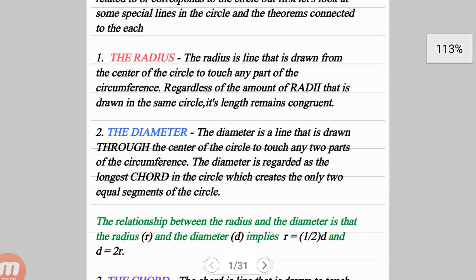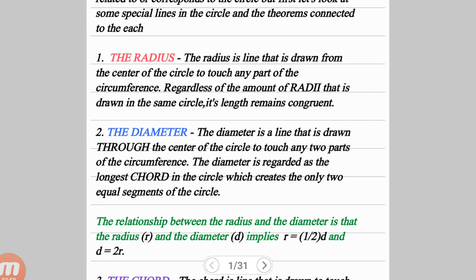The very first thing I want to introduce to you is what is known as the radius, plural form radii, R-A-D-I-I. By my definition, the radius is the line that is drawn from the center of the circle, and once it touches any part of the circumference, we define that as being the radius.